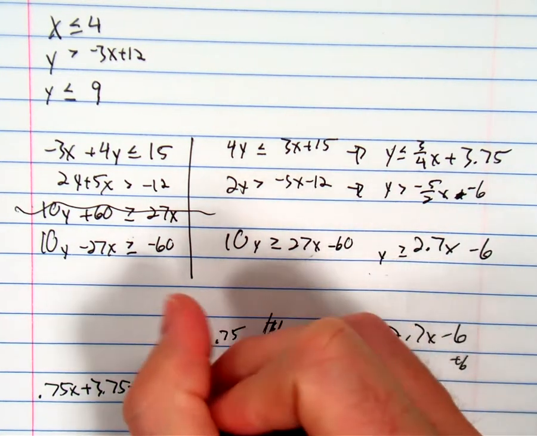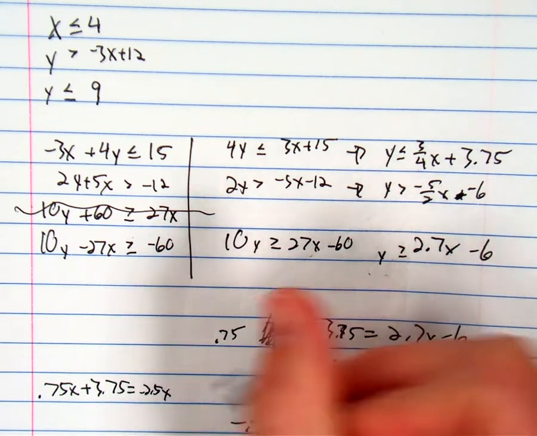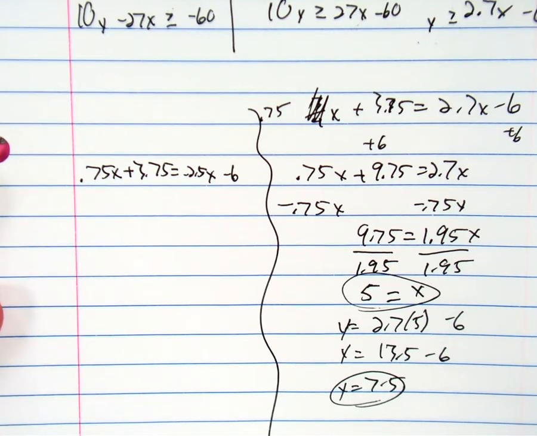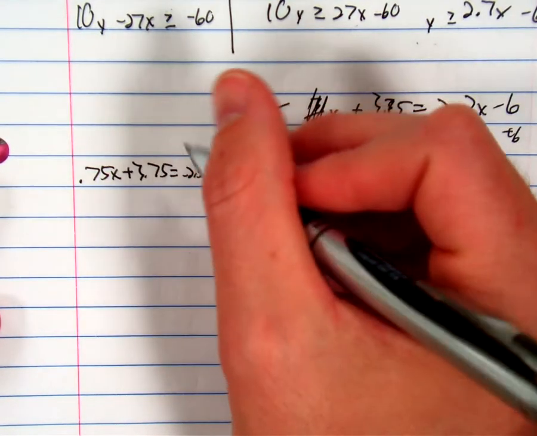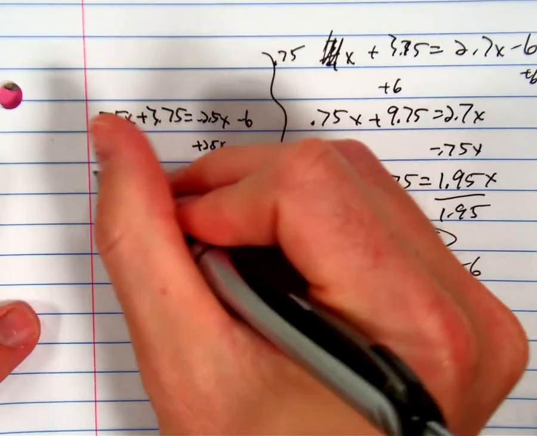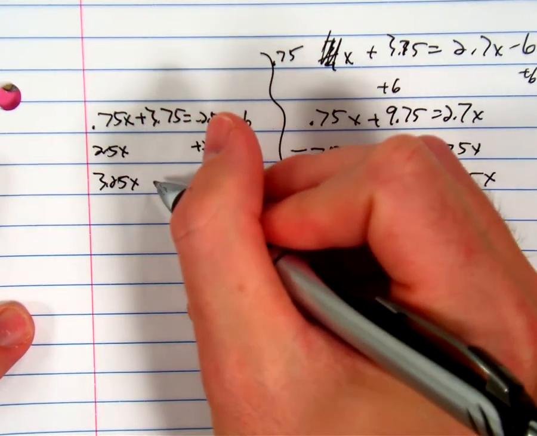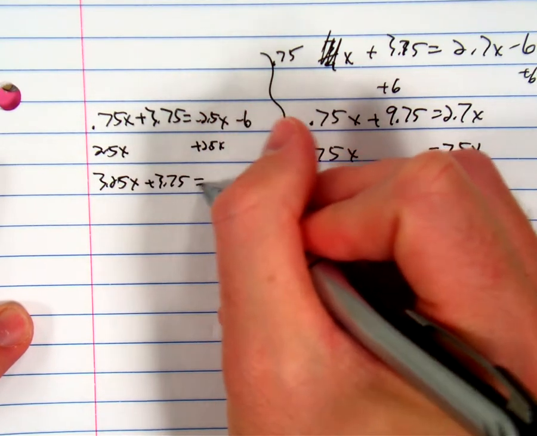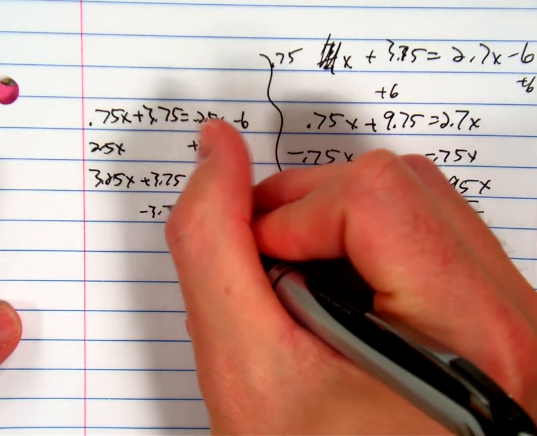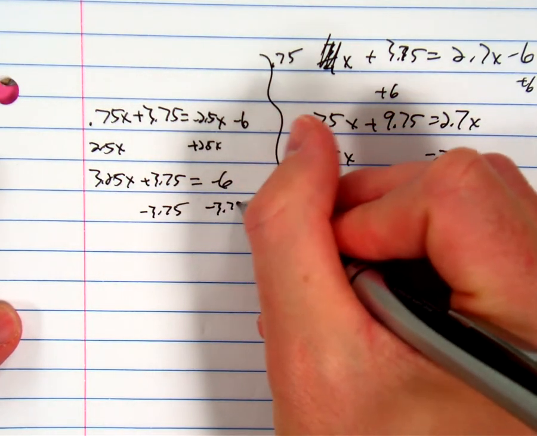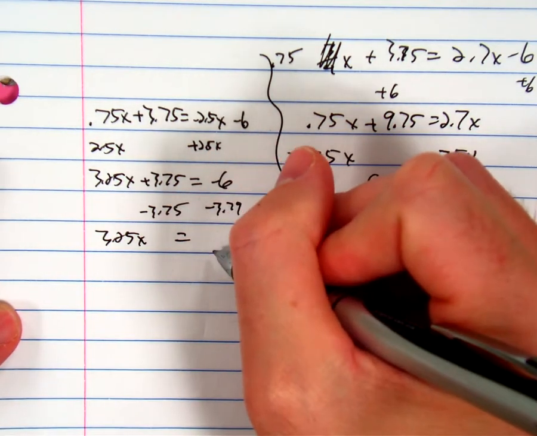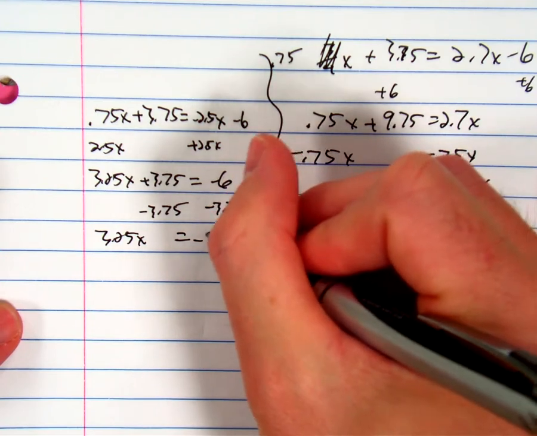So that'd be negative 2.5x minus 6. Okay, now we got to solve this one. I'm going to add that 2.5x. Okay, and let's subtract that 3.75. So I got 3.25x equals negative 9.75.